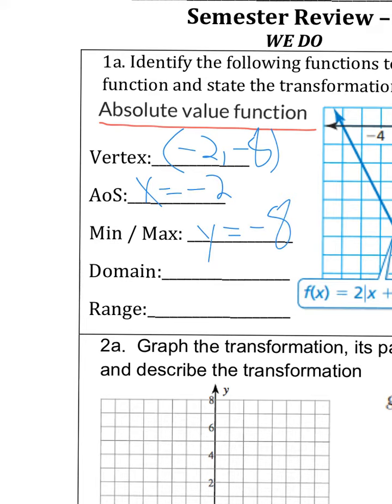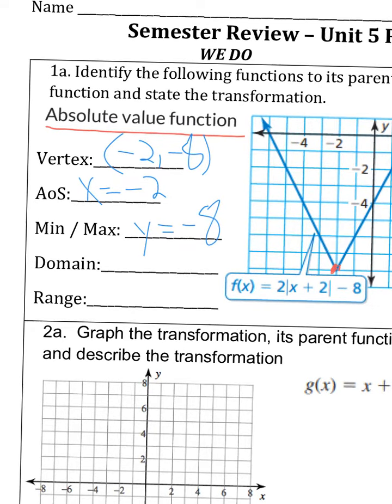Is it a min or a max? You can see that it is the lowest point, and it's going up. So it is a minimum. All right, what's the domain? All real numbers. How do I know that? Domain is, can it move freely left and right? Is there any restrictions? No, there is not. The range, what is the restriction on the range? The range's restriction is that it can only go as low as -8, and then it's going to go up forever.